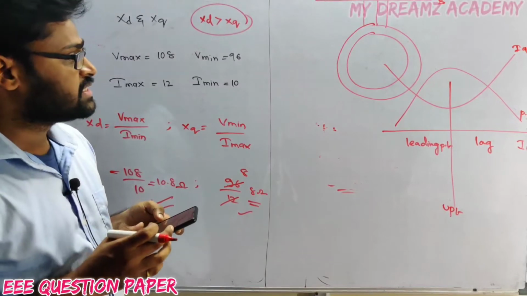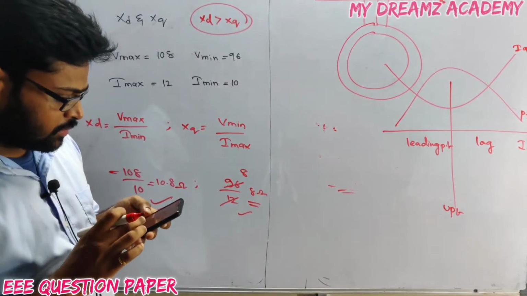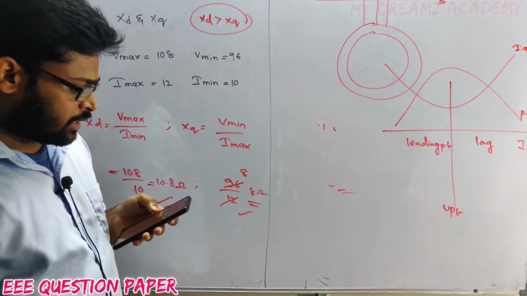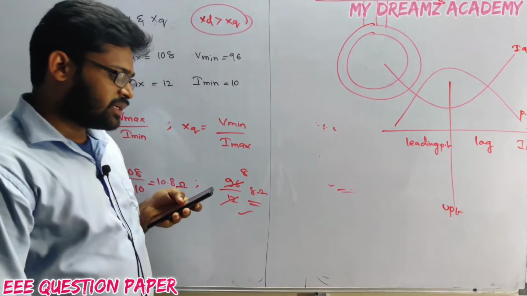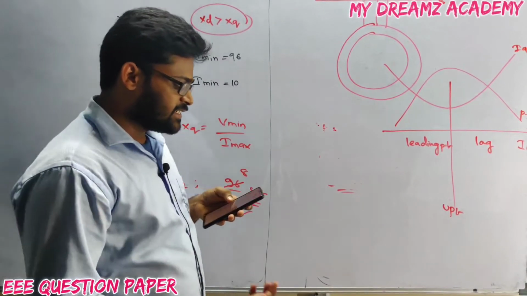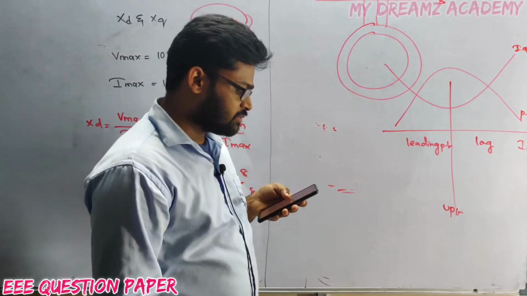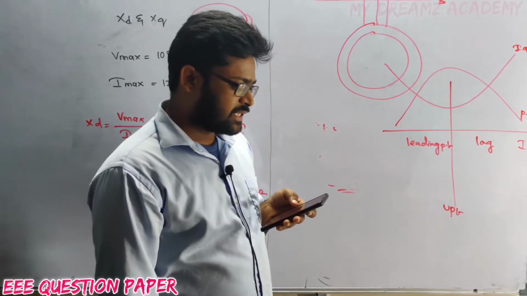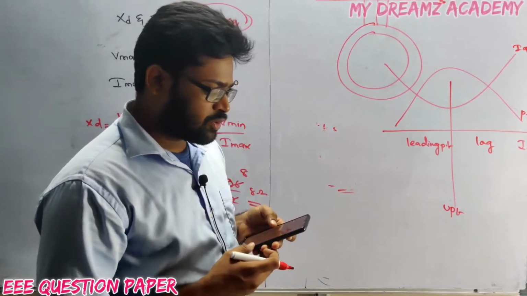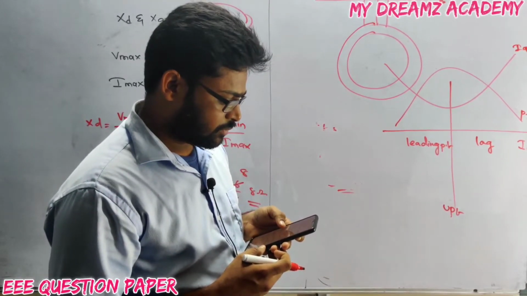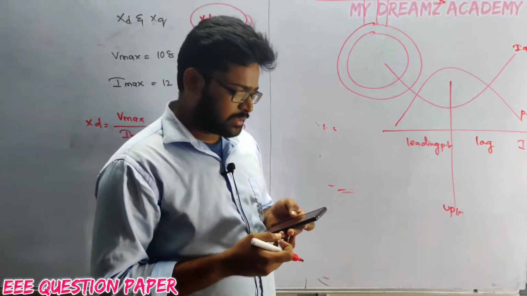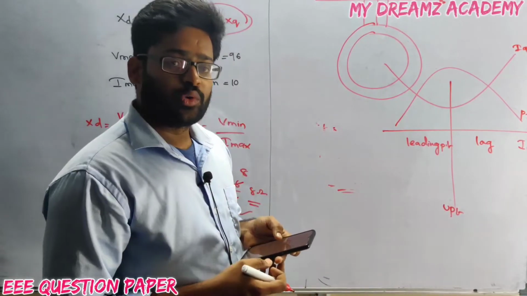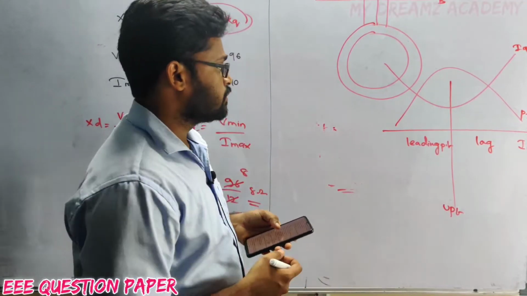Yes, now we'll see. An alternator is connected to infinite bus bar. Its excitation is increased while the driving power remains constant. This is likely to result in: less lagging power factor, more lagging power factor, terminal voltage drop, none of this.